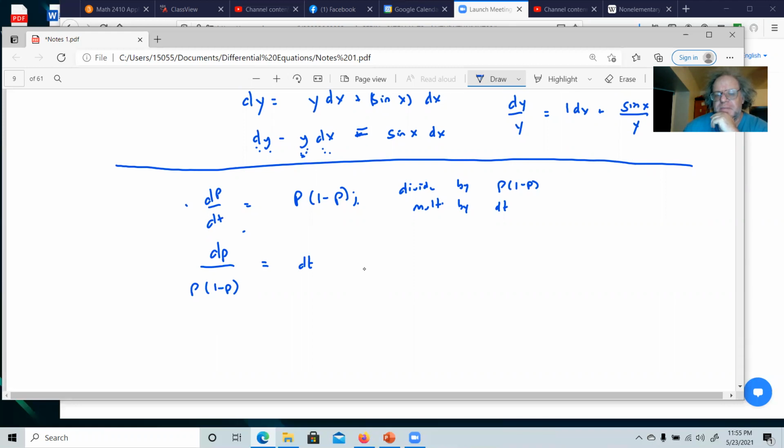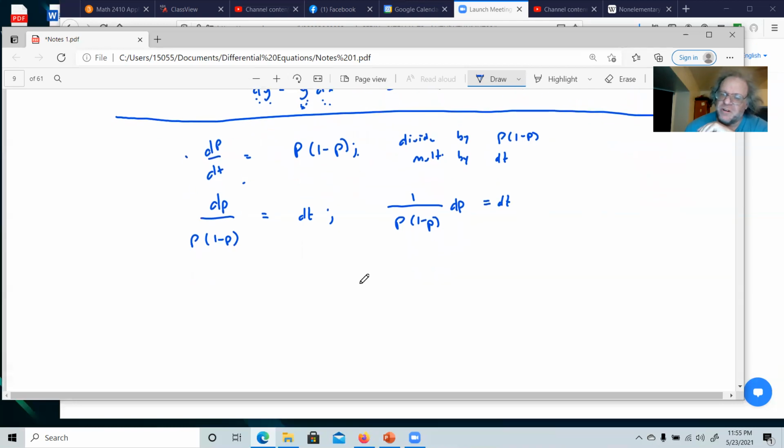So wait a minute. If only there was some kind of class you took where you could break up this fraction somehow, like decompose this fraction. So we have 1 over p(1 minus p) dp. I'm just going to put the dp out while I'm dealing with the fraction because we can multiply it into this whole thing at the end, equals dt.